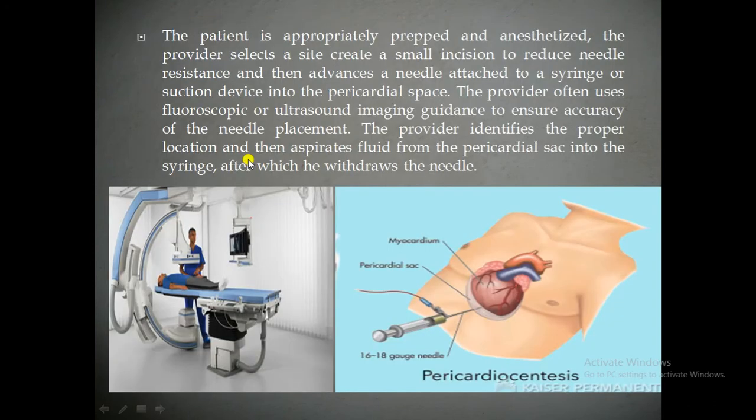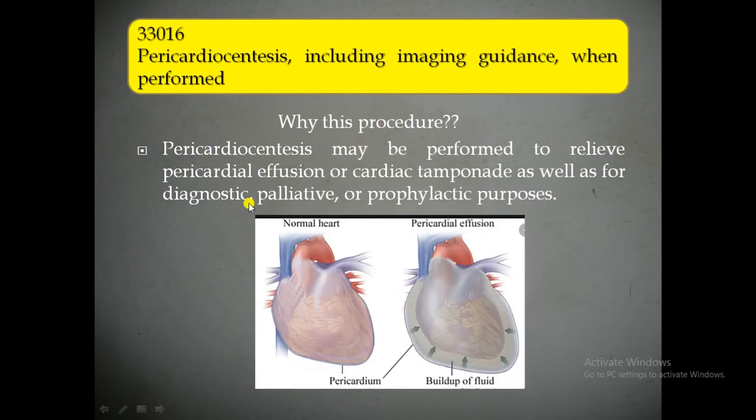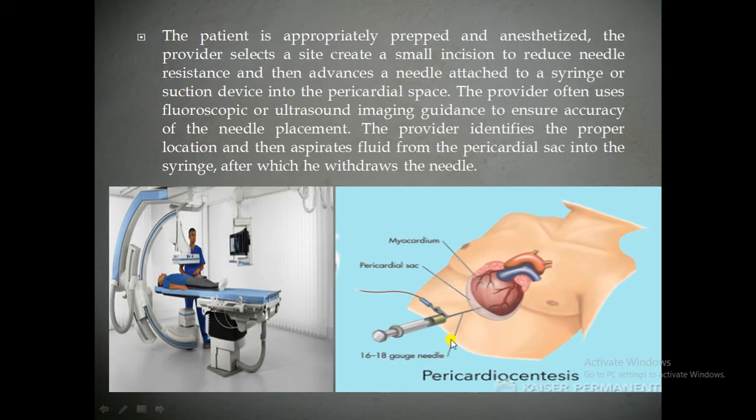What exactly will the physician do in the pericardiocentesis procedure, and what is pericardiocentesis? Pericardiocentesis is nothing but aspirating the fluid from the pericardial sac. Whenever a patient has pericardial effusion or cardiac tamponade, there is a buildup of fluid, right? To remove and aspirate that fluid, the physician will do the pericardiocentesis.